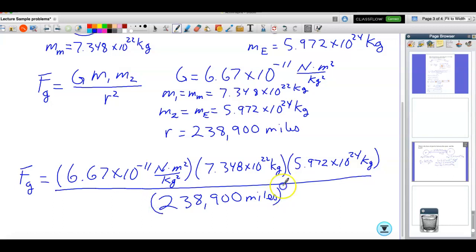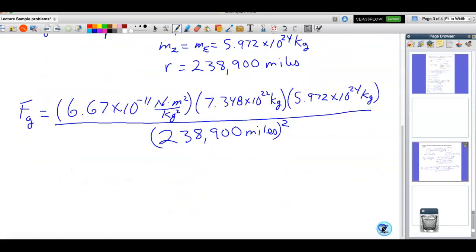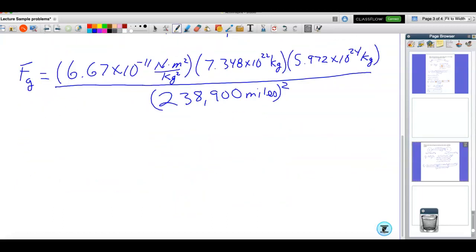And we've got to square that, right? Okay, but if we look at that, hopefully you've recognized we have a little issue there, because of the units on the top of our fraction: newtons, meters squared, kilograms. So we can't use the miles, so we're going to have to do a conversion.